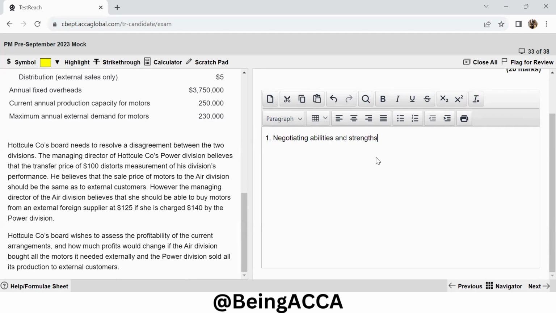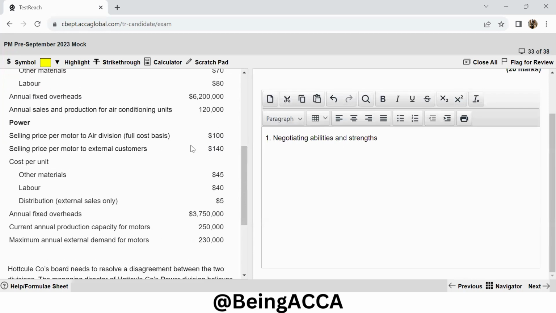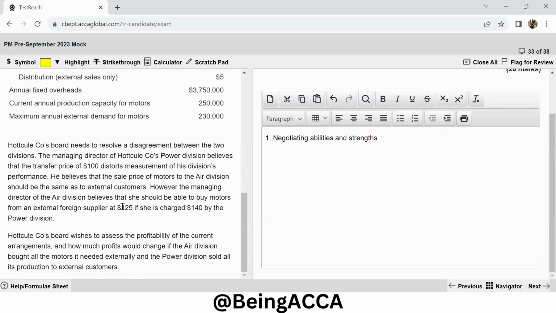Now, what does this mean? This means that, for example, maybe the manager of the air division has the upper hand. The power division holds out for a price close to $125. The power division will want to charge a price closer to 125 because this is something that they are getting externally, right?